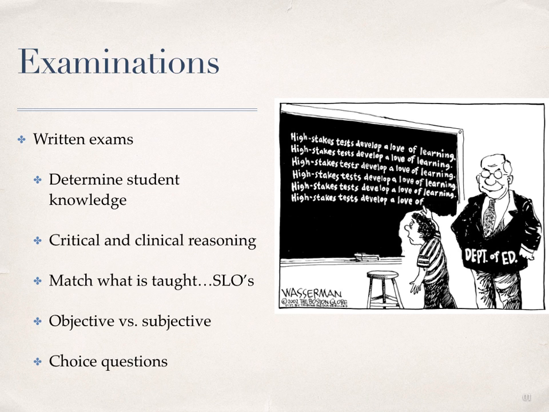Another thing that I learned about recently is choice questions, where you allow the student to pick an area that they want to write on. This can come through different ways.